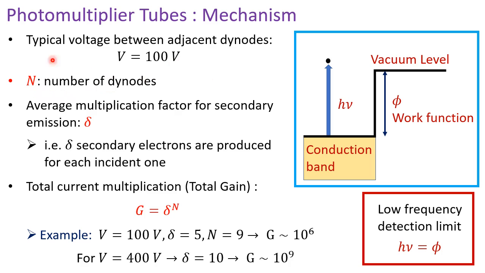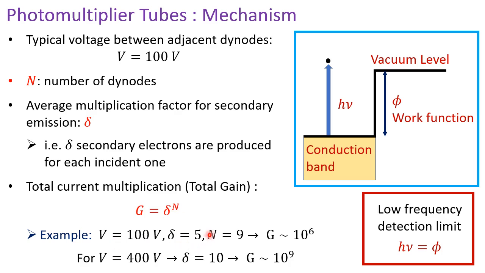So imagine that there are n dynodes. I'm simply repeating my argument, and the average multiplication factor for the secondary emission, that is, the input photoelectron would come from the photocathode, fall on the first one, and generate delta number of secondary electrons. Each of those secondary electrons will go to the next dynode and each one will generate delta, and this becomes basically delta to the power of n, depending on how many times this process happens.